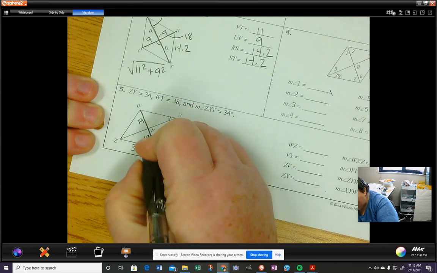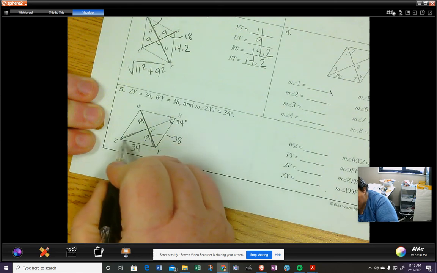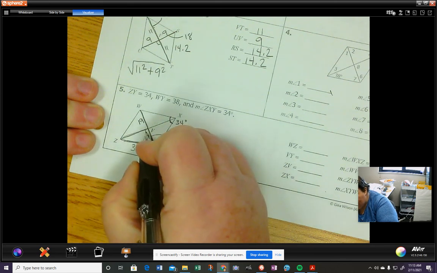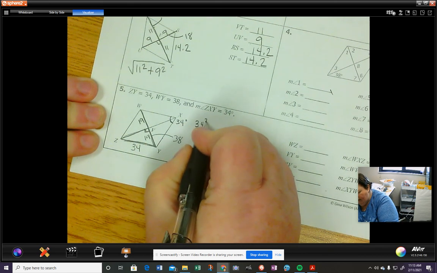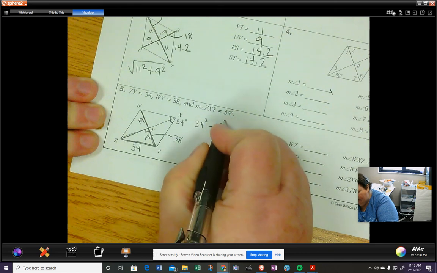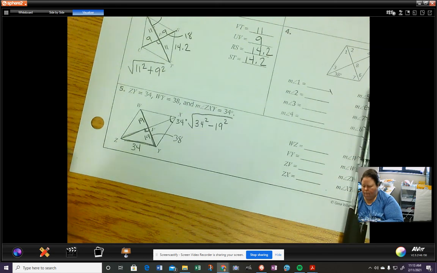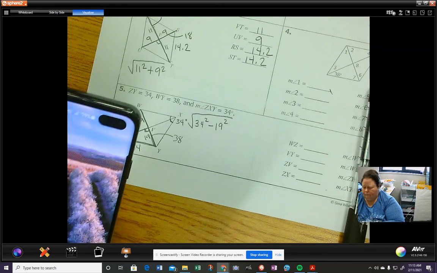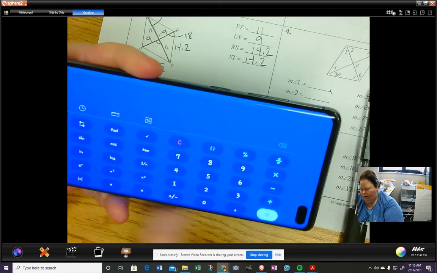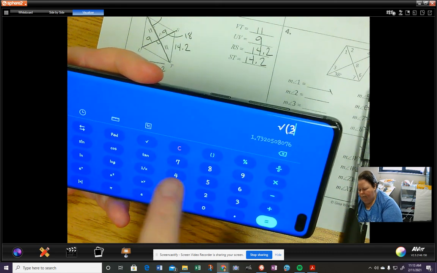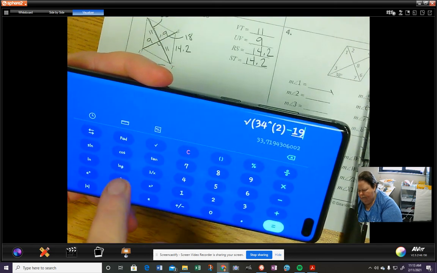This side is 19. I can find the right triangle right here. Here's my right angle. So 34 squared minus 19 squared, and take the square root. Square root 34 squared minus 19 squared.